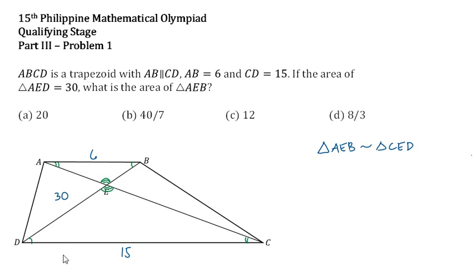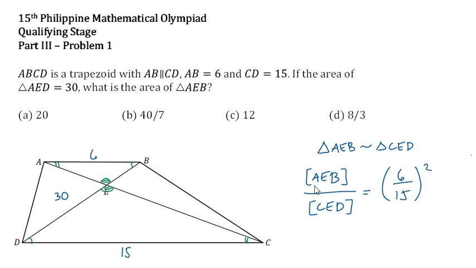So if we get the ratio of the areas of triangle AEB and triangle CED, the ratio is equal to the square of 6 over 15.